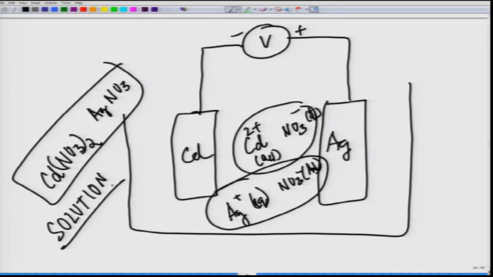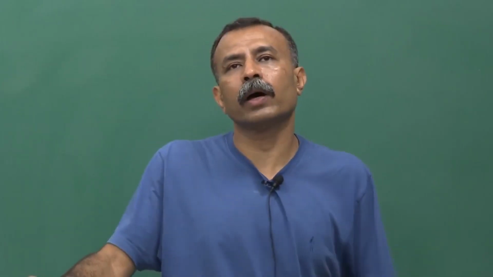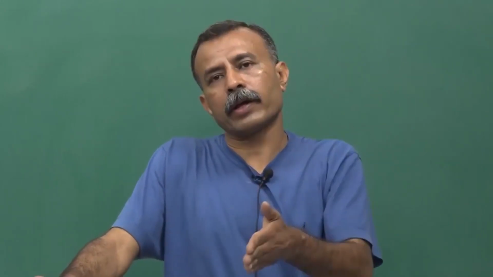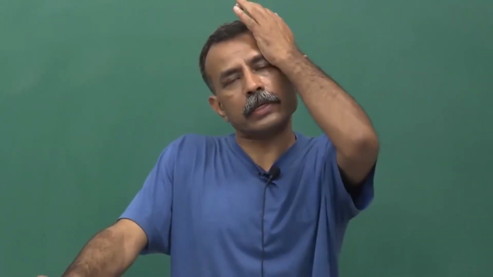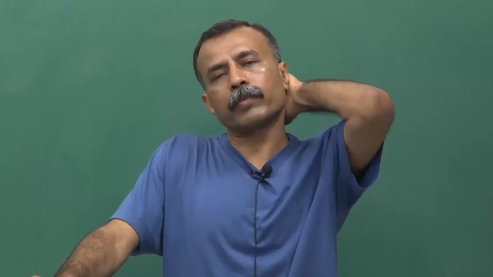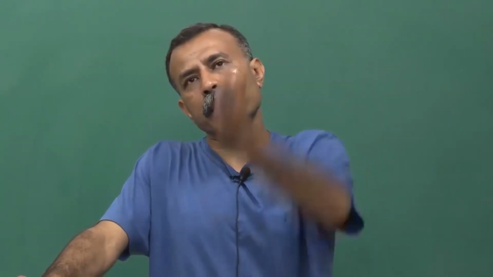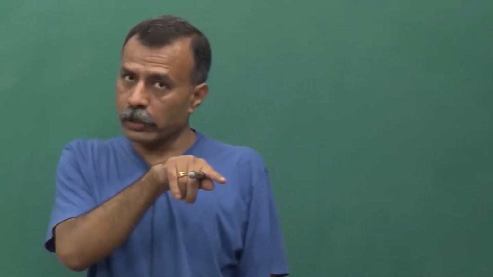So, now here is a situation. If you remember, when I started the class I told you I could have three situations. One situation where I have a barrier, as I have discussed in the previous class, where you have the copper and the zinc electrode separated by a barrier. Second situation is that I do not have a barrier, which I just explained earlier.